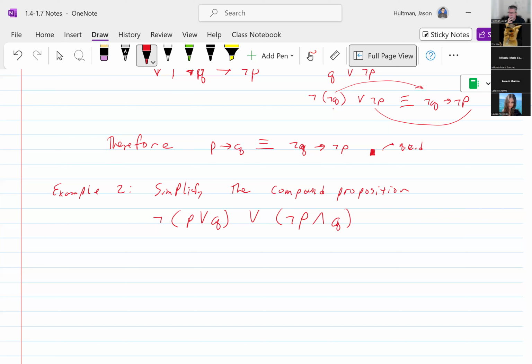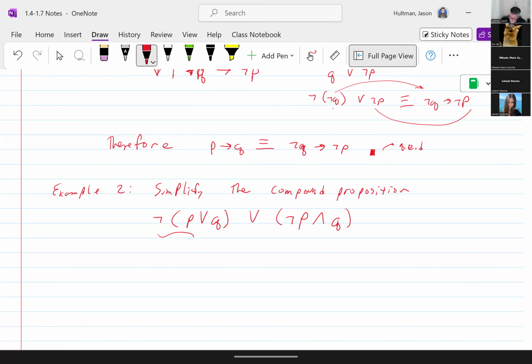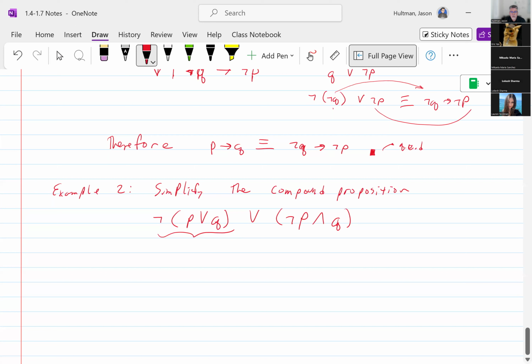So how can we deal with this guy? An idea is what we would want to do first. Maybe De Morgan's. Yeah, De Morgan's on this guy here, right? We want to distribute the negation, so that's De Morgan's law.